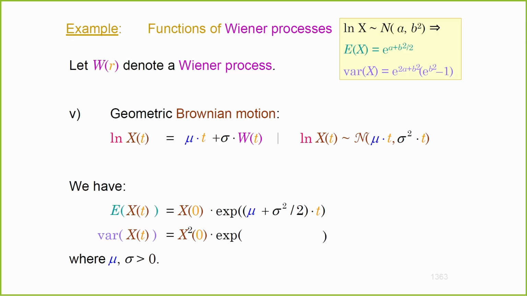And this is e to the power of 2 times the mean, which is mu times t, where the mean of the logarithm is mu times t, plus the variance, which is sigma squared times t. If you multiply both expressions by t, that should be fine.